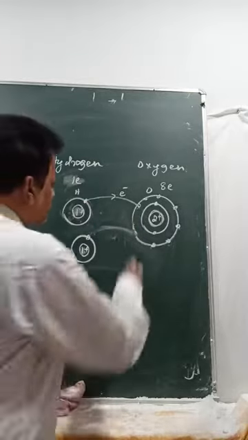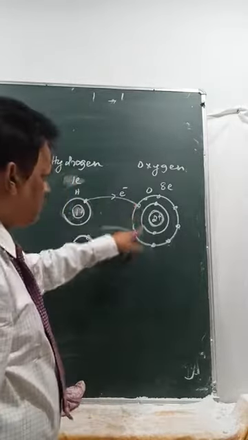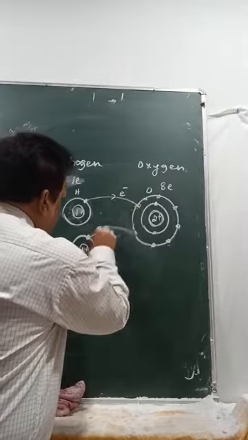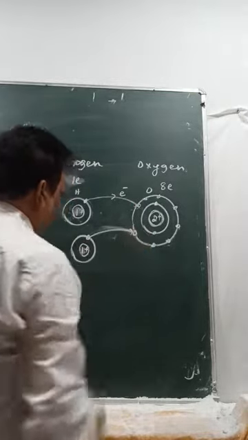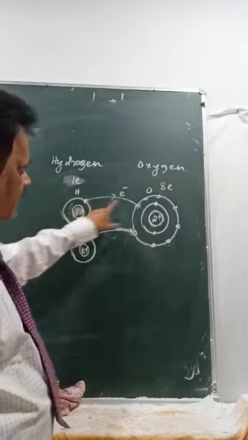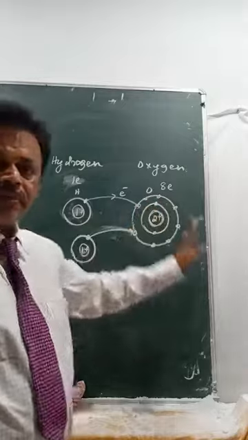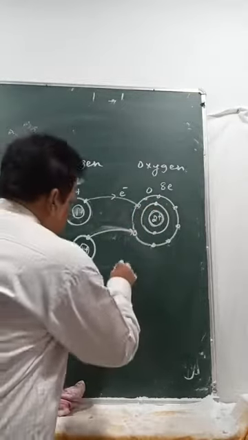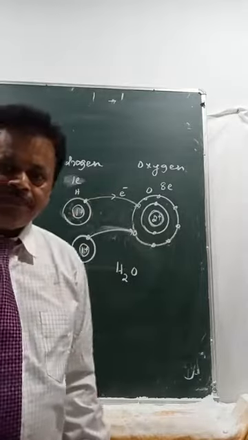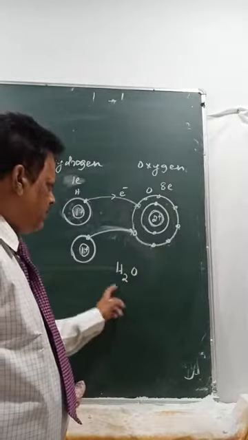Similarly, oxygen still needs one more here. So you take another hydrogen atom and give 1 more electron here. That means 2 hydrogen have to combine with 1 oxygen to form a compound. That is what you write: 2 hydrogen with 1 oxygen. Then only you find the compound water.